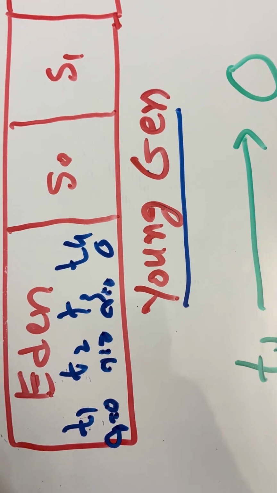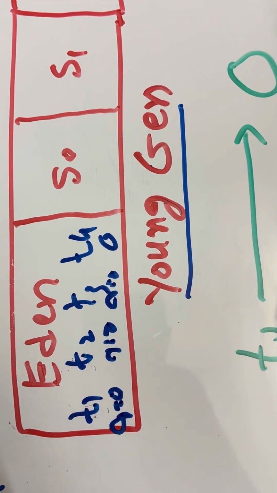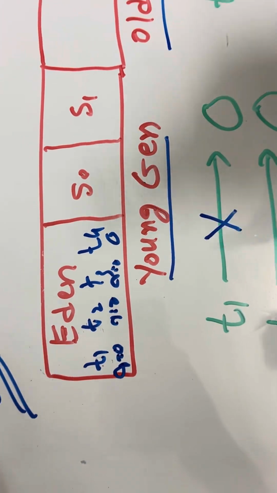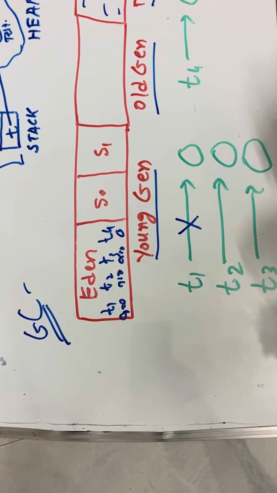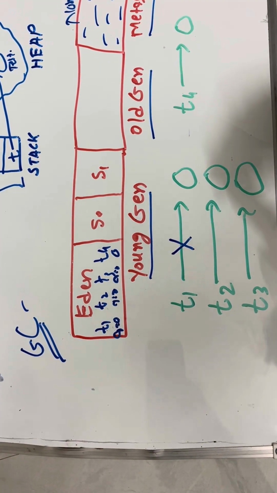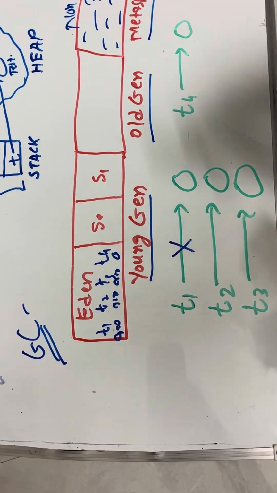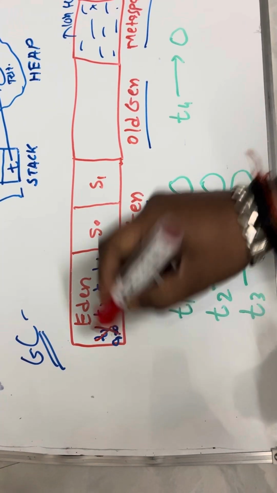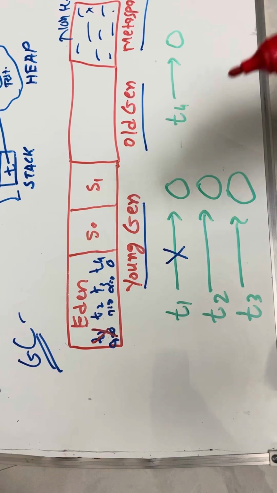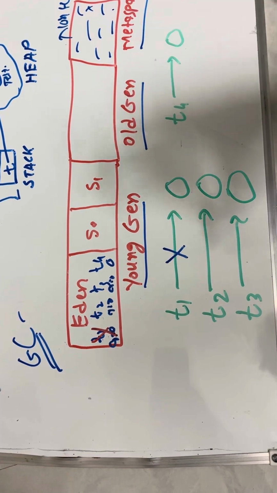Suppose after some execution the reference to T1 is lost, in the sense it is deleted. Then when the minor garbage collector is executed, my T1 object will be deleted, and my T2, T3, T4 survived that minor garbage collector.